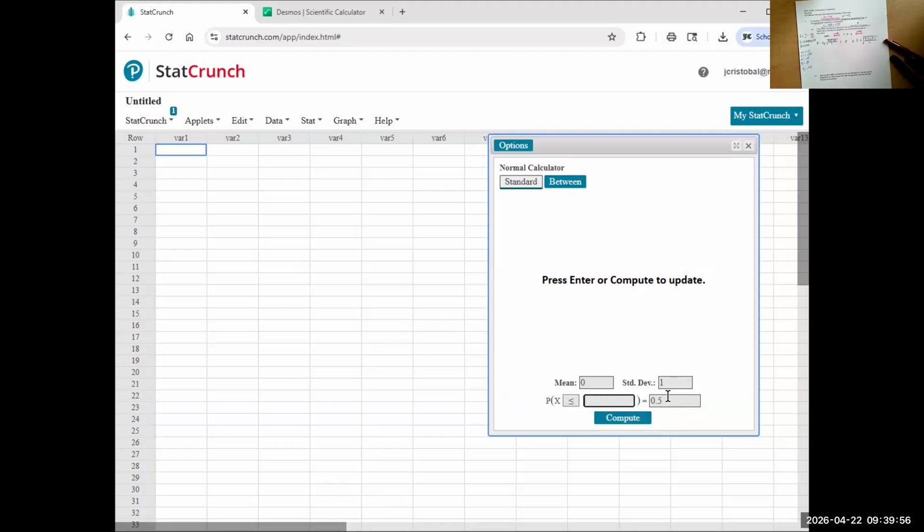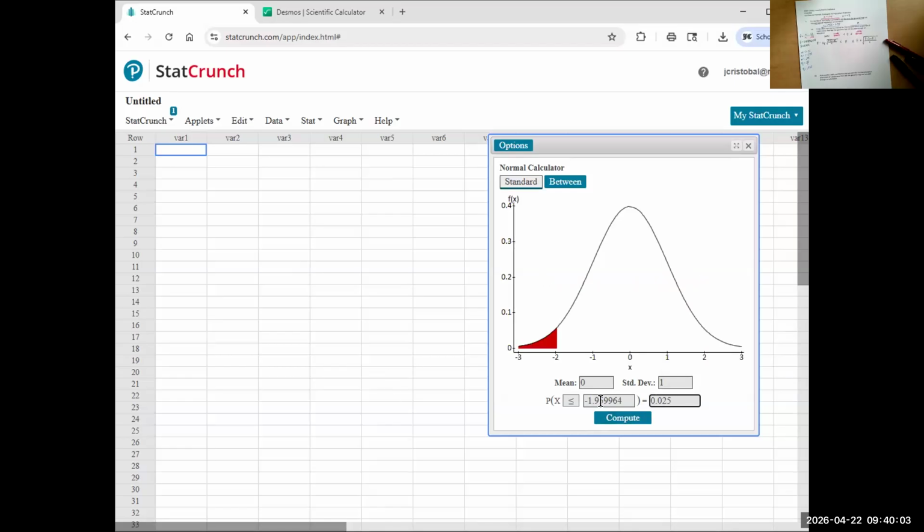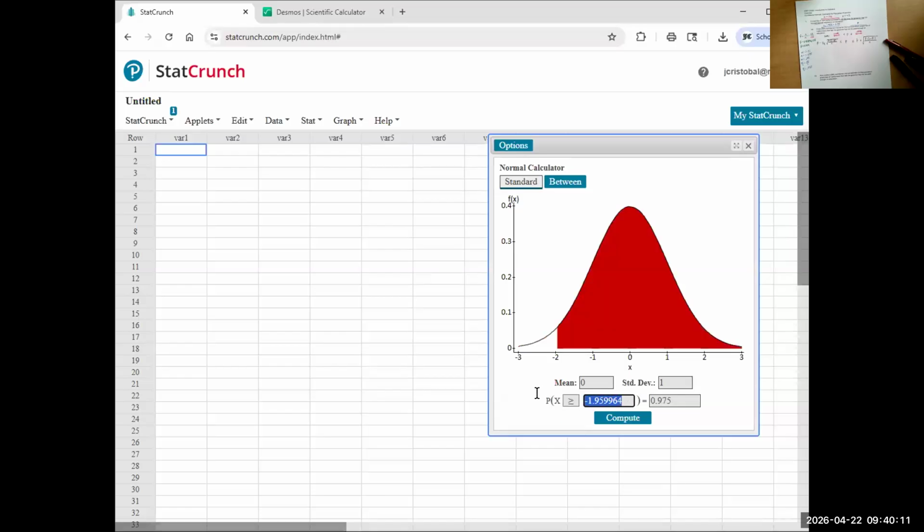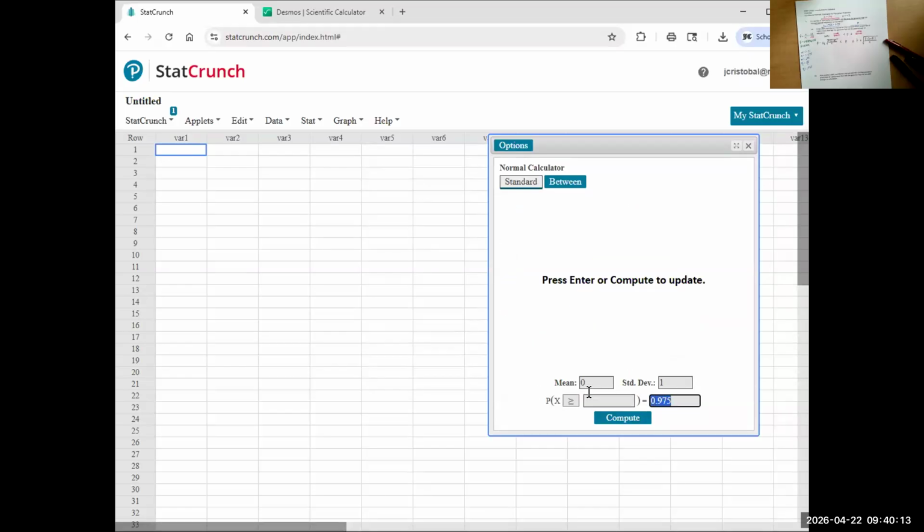But now, if I don't know that cutoff value, but I know my area in that tail is 0.025, there's this quantity, negative on the left side, right? If we do greater than, and I do 0.025, we have the same amount of area in the right tail for the greater than.